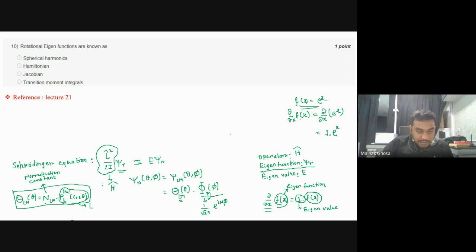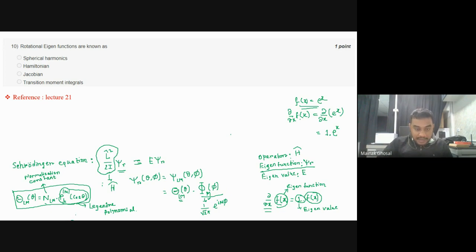This is also known as the Legendre polynomial, which I was discussing in the initial slides. For different L and M values, these values are different. You put those values in and find theta, then you know phi, multiply it, and you will get the psi.